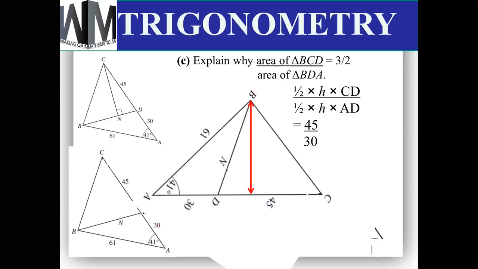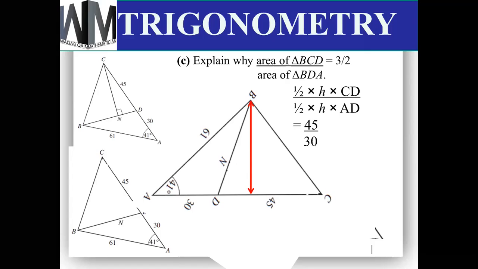And when we apply the formula of the triangle, it is half into h into CD for the area of BCD, and for the area of BDA it's half into h into AD. And we can see that the half and h will be reduced, and the ratio of area becomes equal to the ratio of CD and AD, which is 45 over 30, and that is reduced to 3 over 2.